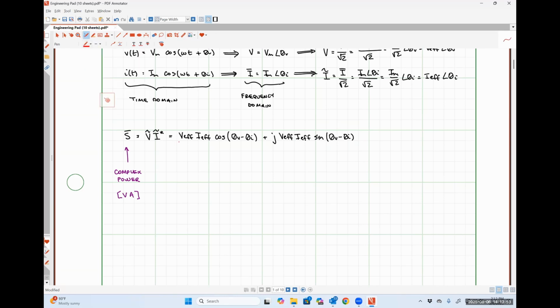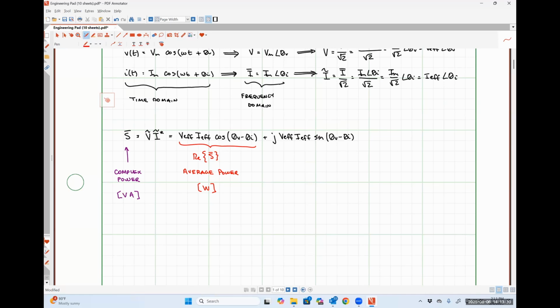Where this part right here, which is nothing more than the real part of our complex power S, is commonly referred to as the average power. And as it has been throughout this entire course, the units of average power are watts.